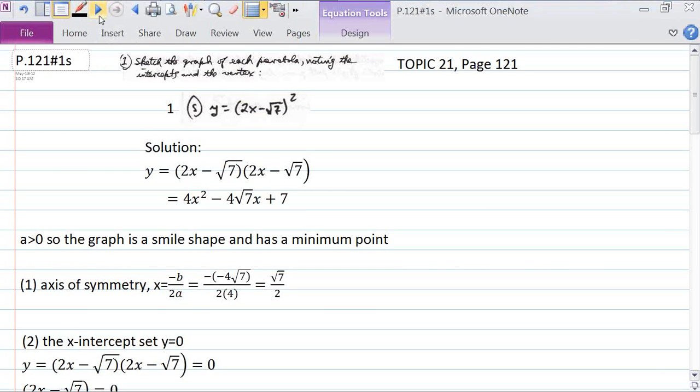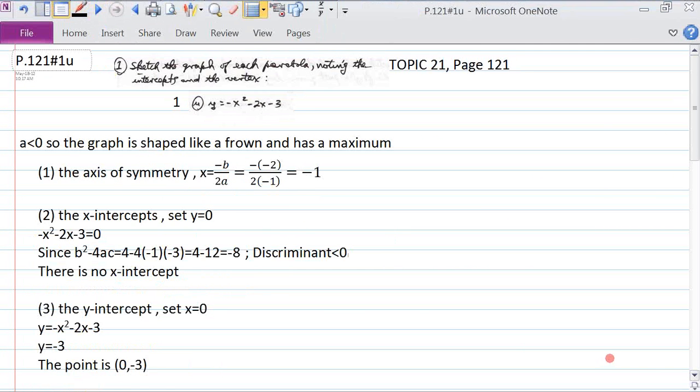Okay, so now let's go to problem 1u, and we have to sketch the graph of this equation here. We have to find the intercepts and the vertex.